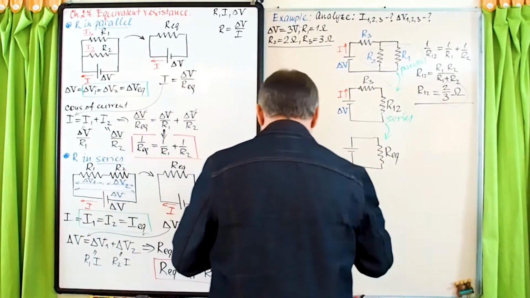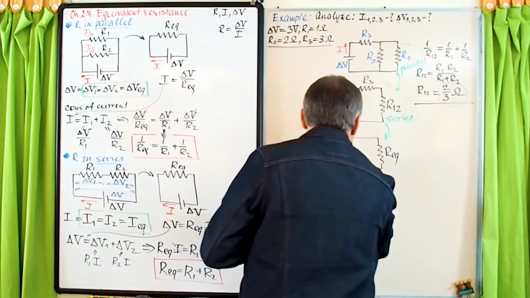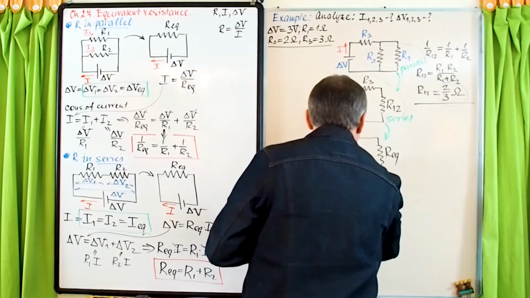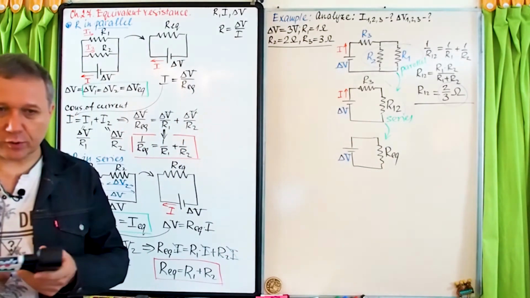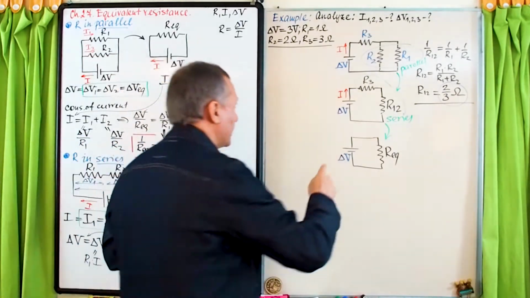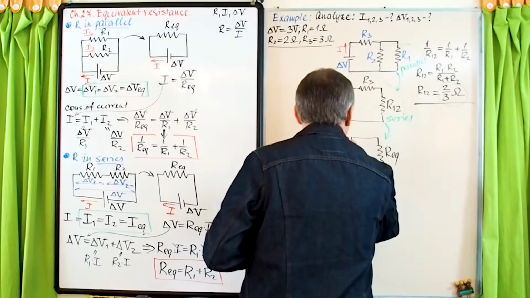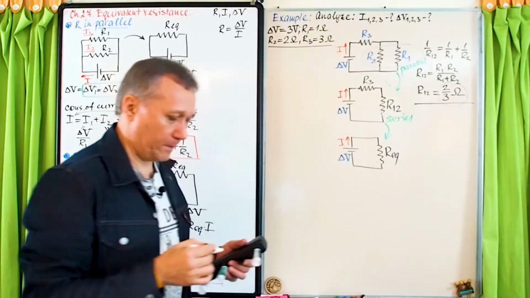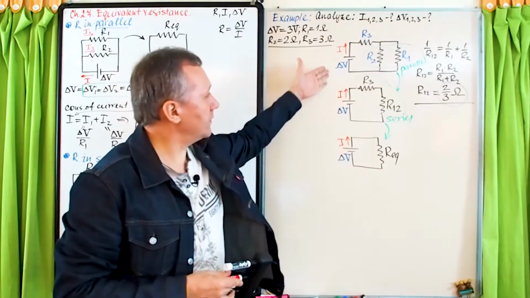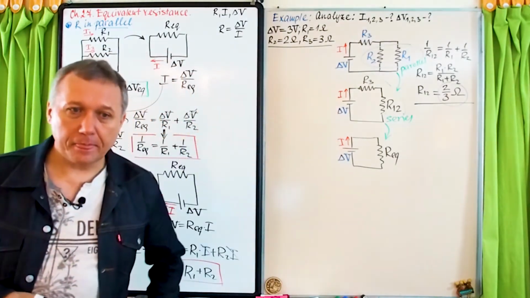The battery is still the same delta V, because the whole method was developed like this, so we don't want to disturb the rest of the circuit. And again, the same current will be taken. Of course we don't know this current for now, but we know that the current here, here, and there will be the same.